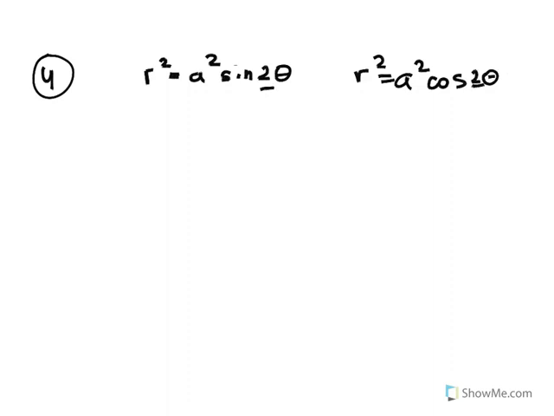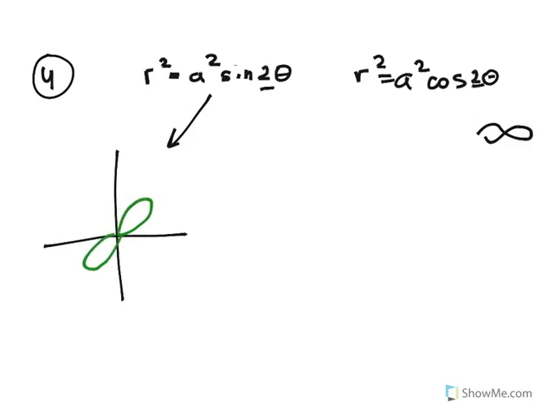Obviously a is not equal to 0. Then you always get an infinity kind of shaped graph. So you remember what an infinity looks like. So it's like 2 petals, or I would say a number 8. Now for sine, your infinity symbol is going to look like this, and always 2, okay? So it's a number 8.